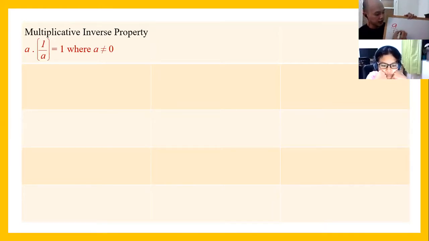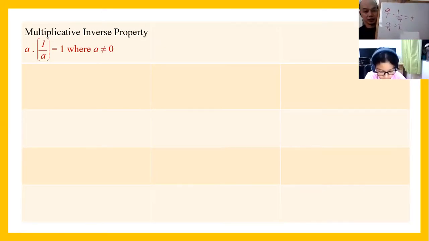So what the multiplicative inverse property says is you just multiply by the reciprocal of that number. So what is the reciprocal? That is 1 over A. It means the opposite. Then it will be equal to 1, because A times 1 is A, and 1 times A is equal to A. So A over A is equal to 1.